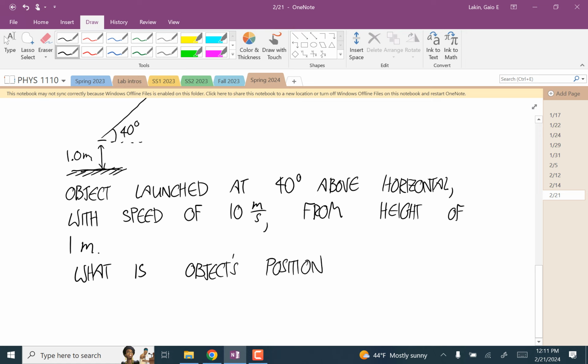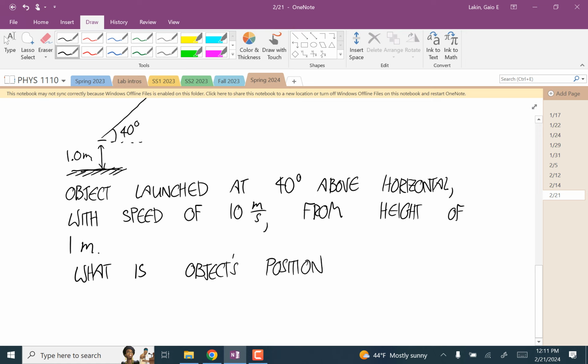And then just because this comes up every once in a while in questions, and I haven't really talked about it much in class, let's also figure out what's the displacement of the object from its starting position to when it gets to the highest point.